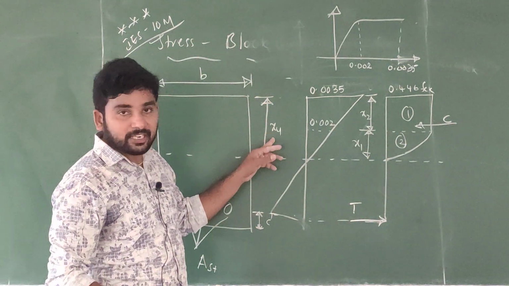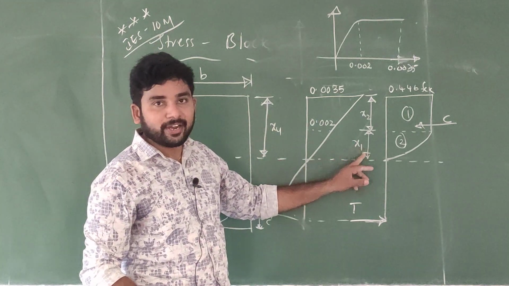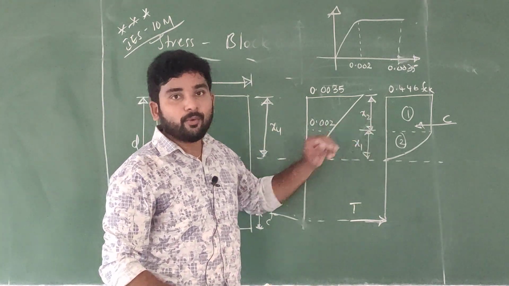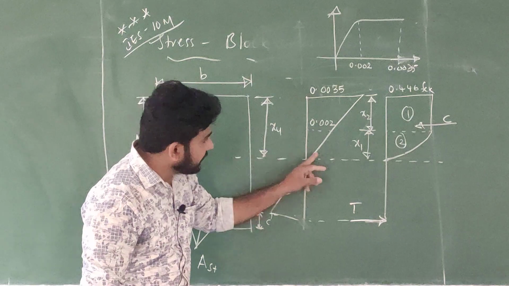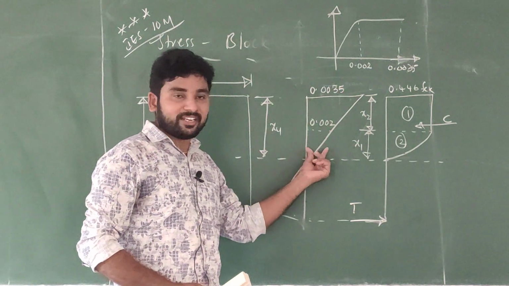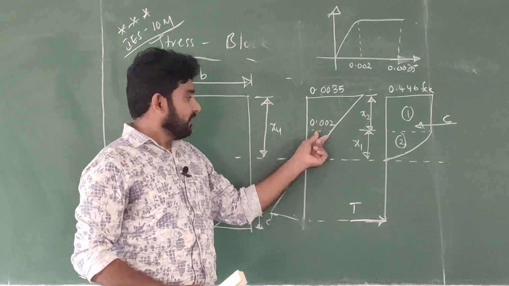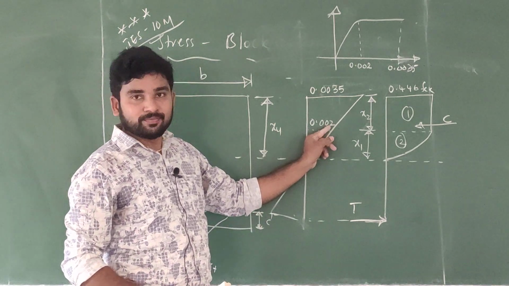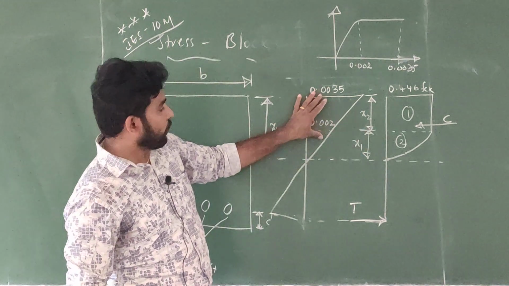We know the total depth xu, but we want to find out what x1 and x2 are by using similar triangles of strain. We already know the values of strain: 0.002 up to x1 and 0.0035 for the total xu.